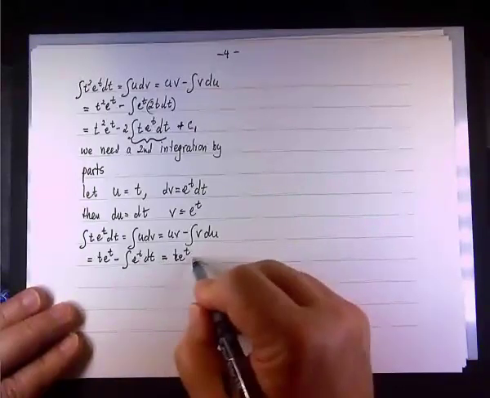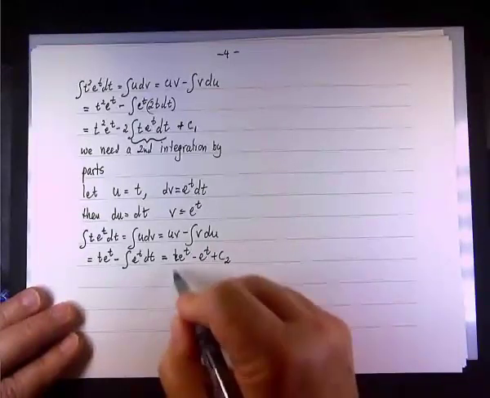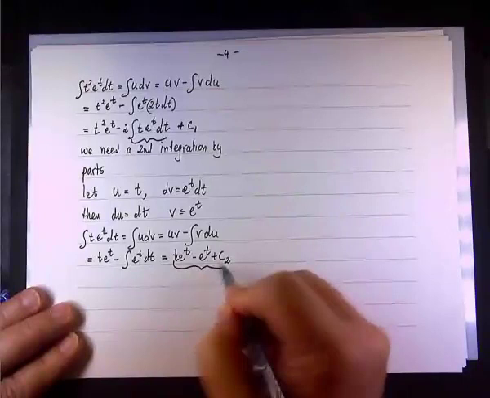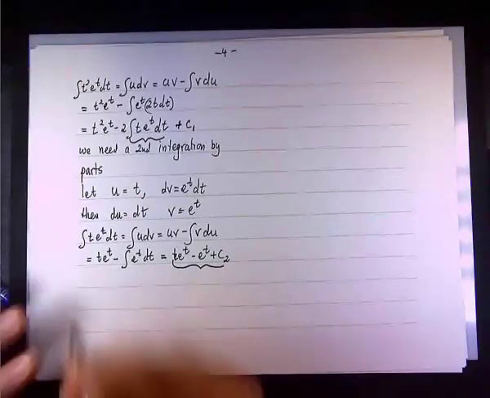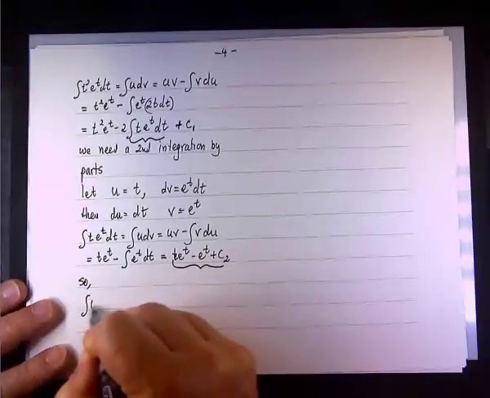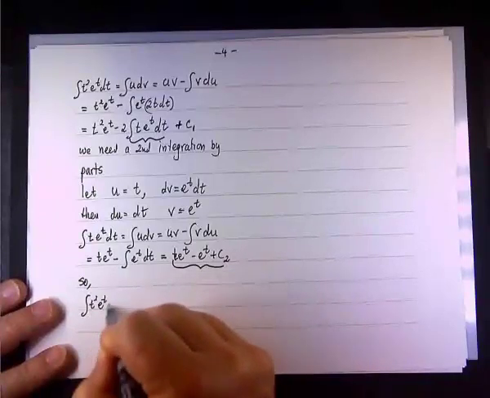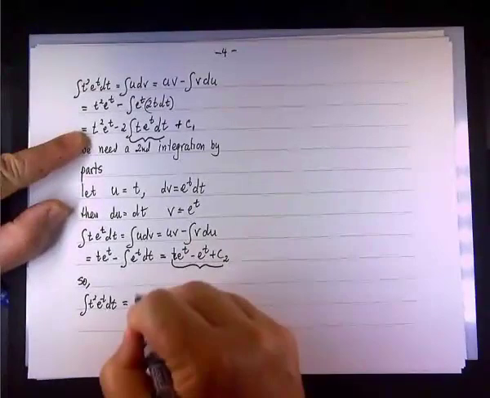And now we can complete this part of the exercise, and it will be t e to the t minus e to the t plus c2. Okay, now, this will go right here. So going back to the original problem, I'm going to say the following.